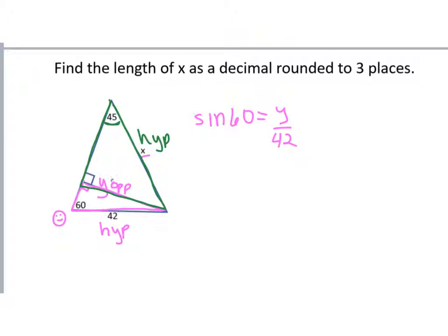What's kind of nice is this is still an opposite for the green triangle. So then, still opposite and hypotenuse, I would be doing the sine of, this time 45, equals opposite over hypotenuse, so it would be whatever I found for y over x, and I would cross multiply to find x once I plugged in y, okay?